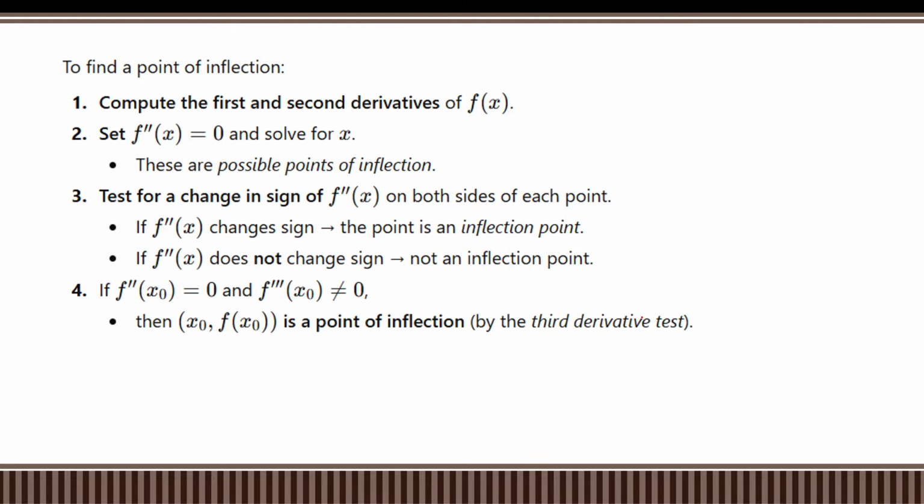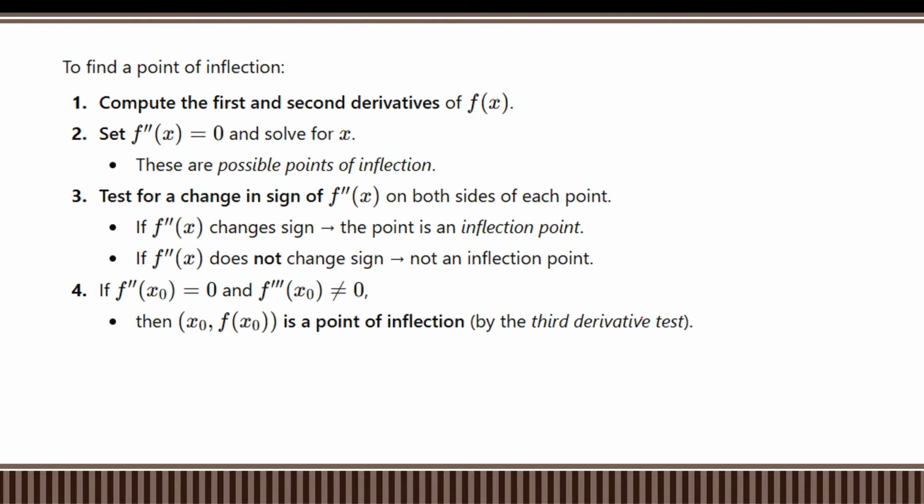If the second derivative changes sign, from positive to negative or negative to positive, the point is an inflection. But if it does not change, it means that it is not an inflection point. So we have to take note, if the sign changes, the point is an inflection, and if it does not change, that is not an inflection.